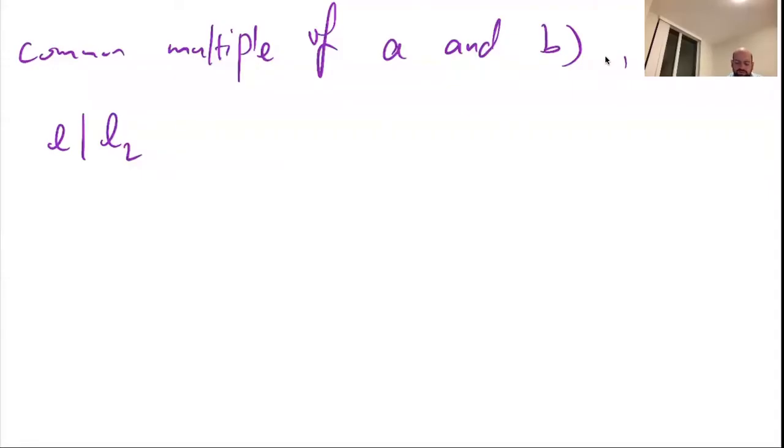So as a very simple example, let's say A equals 20, B equals 30.